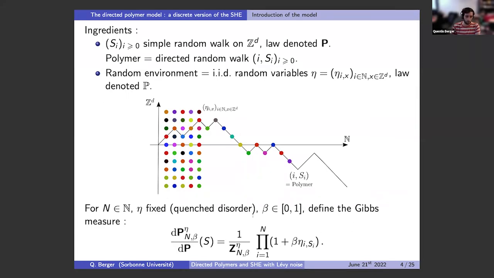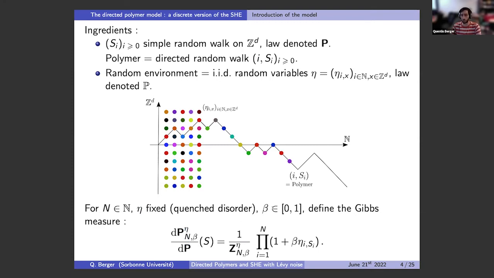Yes. Thank you. It's important to understand the model, because I will talk about properties of this. So you want to study this new measure, which I will call the polymer measure, for a typical realization of eta, so for typical environments, when the length of the polymer N is very big.